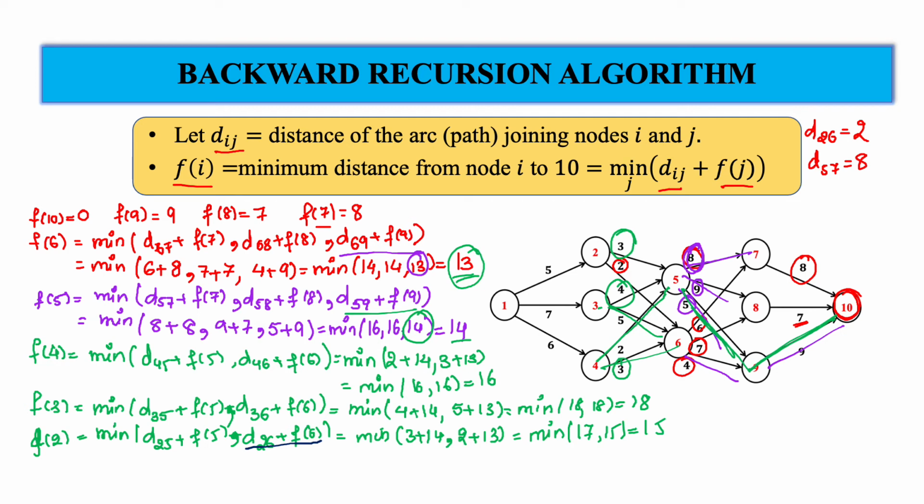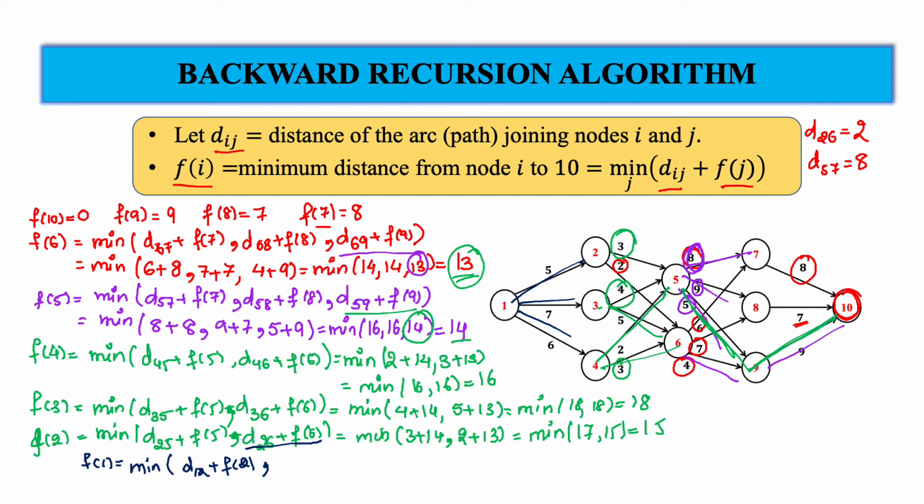Now final node, from 1 to 10 you have to find out the minimum path. So again 3 different cases are there. So you have to find out minimum distance from D1 to 2 and F2. 1 to 2 you will see, and minimum distance from 2 to 10.